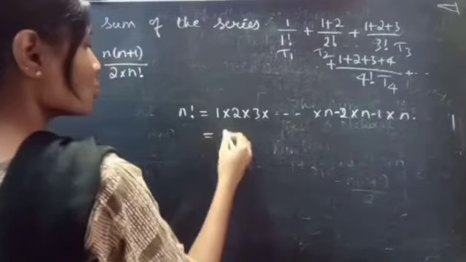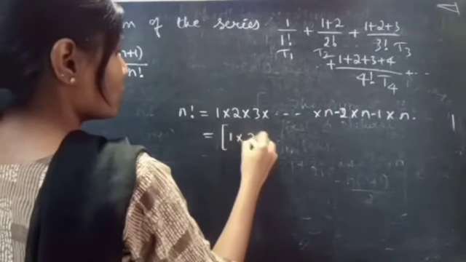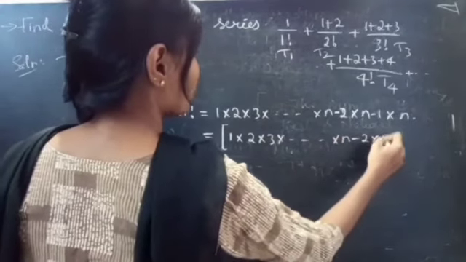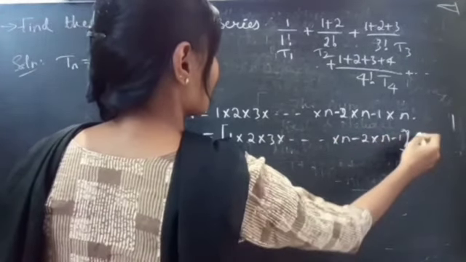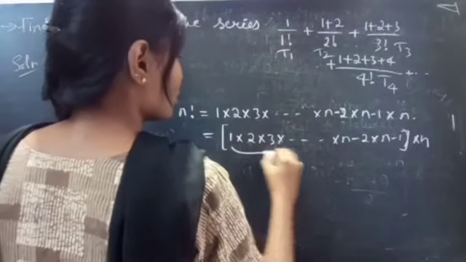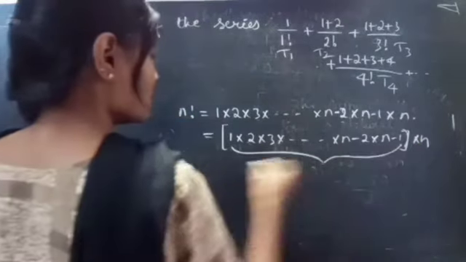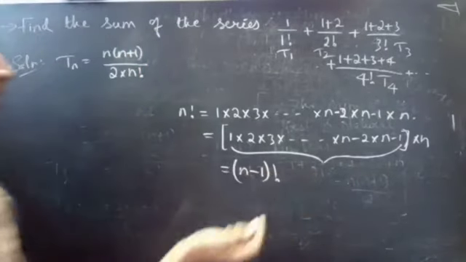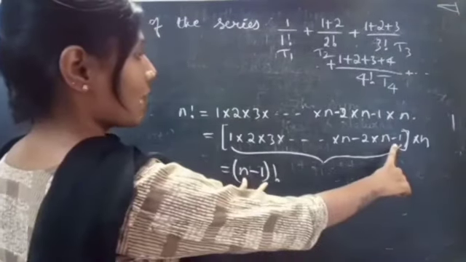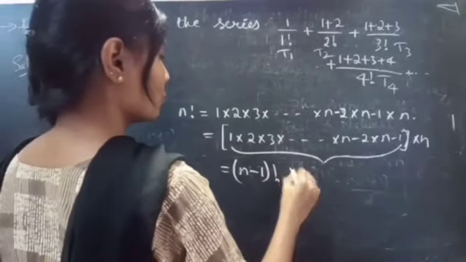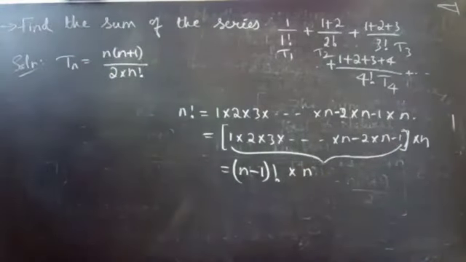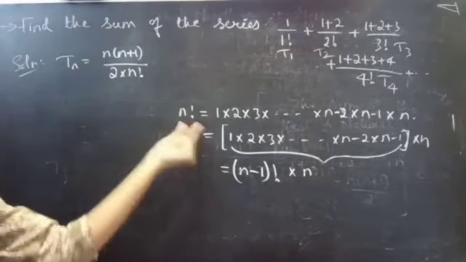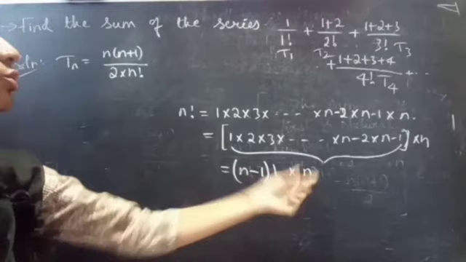I could write it as 1 into 2 into 3 into so on into n minus 2 into n minus 1 into n. So I can write this as n minus 1 factorial, ending with the same number, into n. You're having n here, right? So now I can write n factorial as n minus 1 factorial into n.